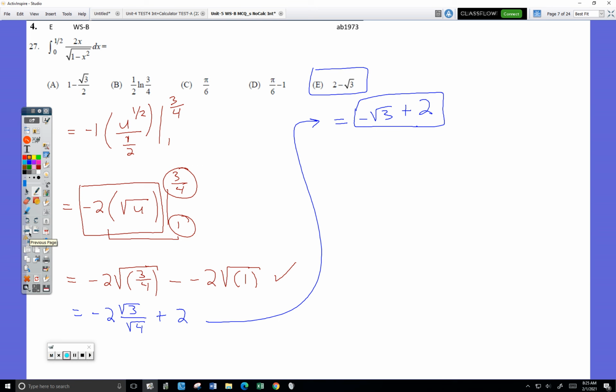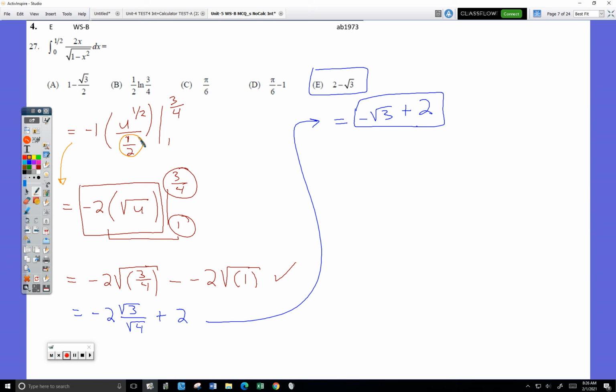How did you get from -2 times the square root of u down to the next line, from the one above to that? Here to here, yes. First thing, are you okay, David, that dividing by 1/2 is exactly the same as multiplying by 2?